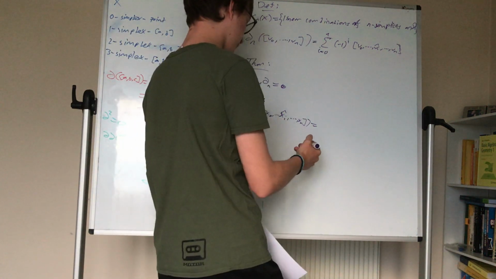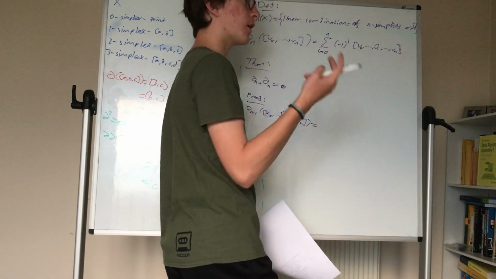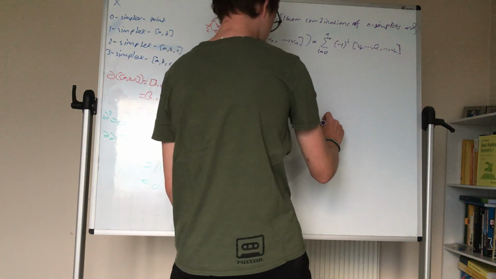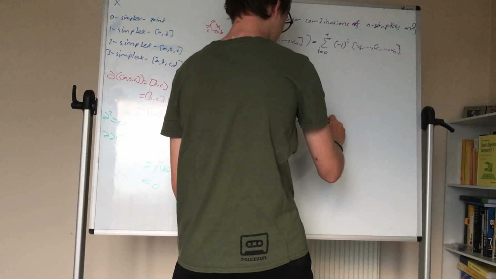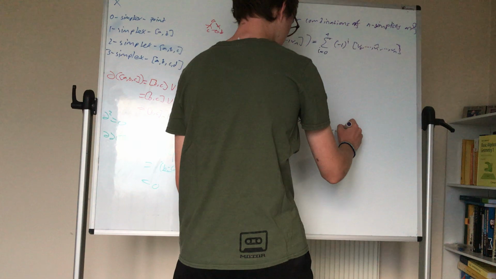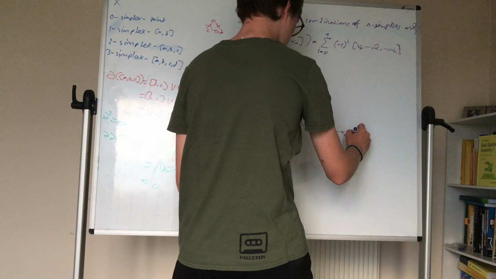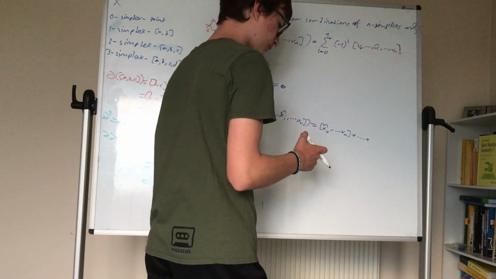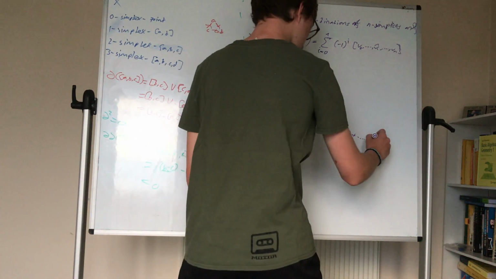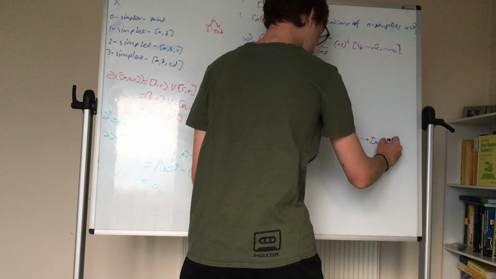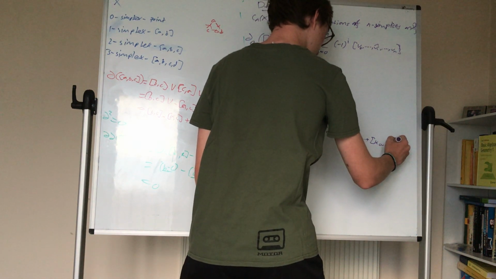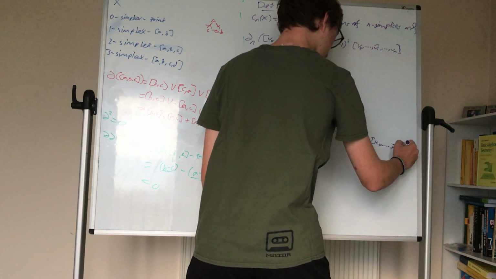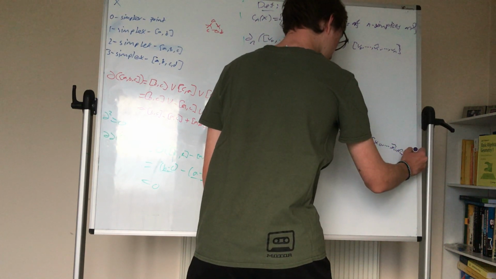So firstly we have x0 hat up until xn, plus up until x0 up until xi hat, xi plus 1 hat, up until xn.